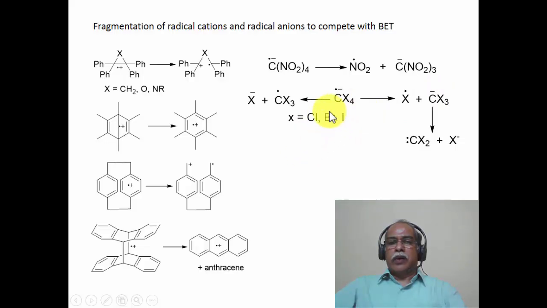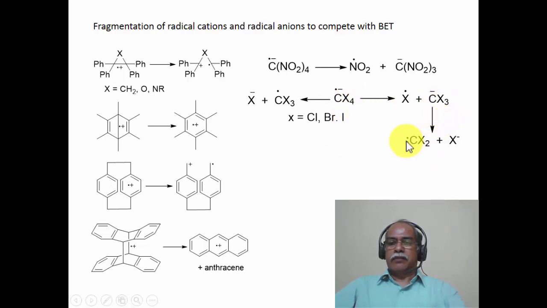If it is bromine and iodine, this process is also facile. Once the trihalo anion is produced, it further eliminates the halide ion to produce dichlorocarbene, dibromocarbene and diiodocarbene, for example. This is a classical way of producing dihalocarbenes by reducing the tetrahalomethane to the corresponding anion radical and then fragmenting it to the dihalo species.